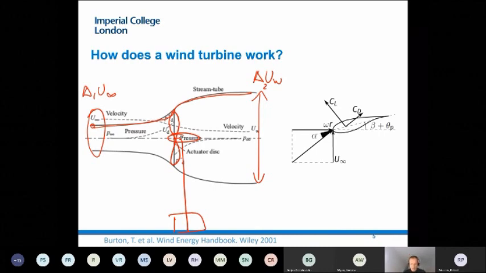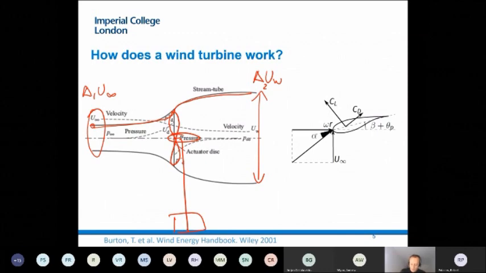Now, locally, if you look at any of the airfoils, of course, those are wings, which are generating the thrust through transforming the flow into lift. It's a lift-driven device. That's much more efficient than drag, as you would expect.